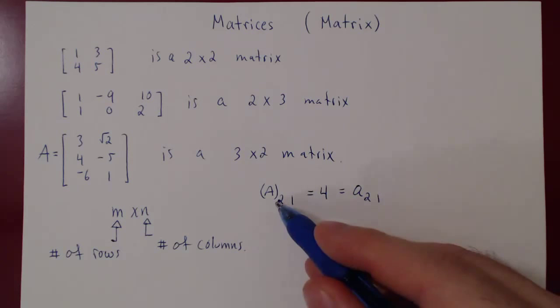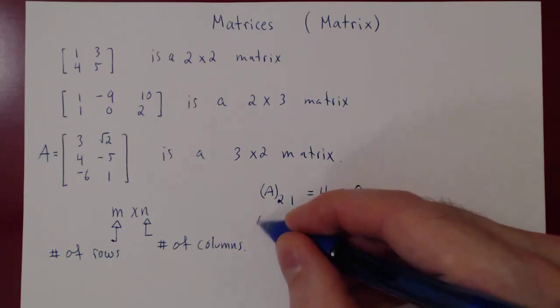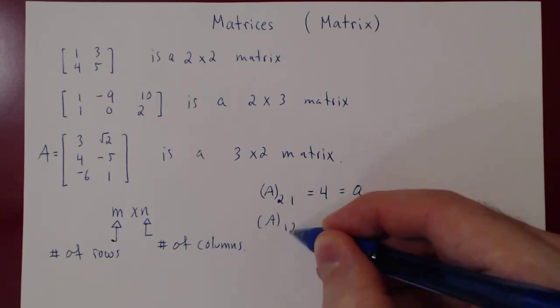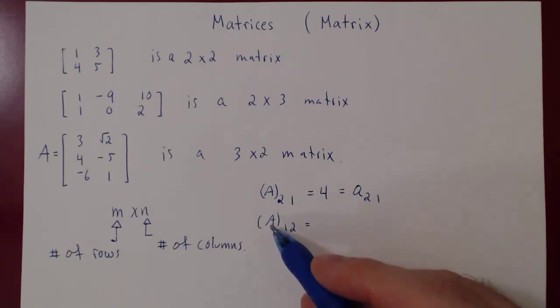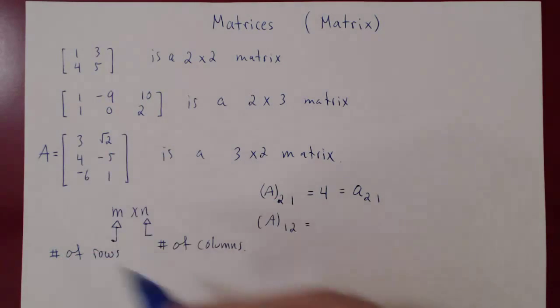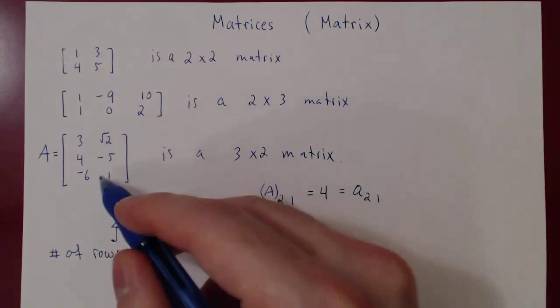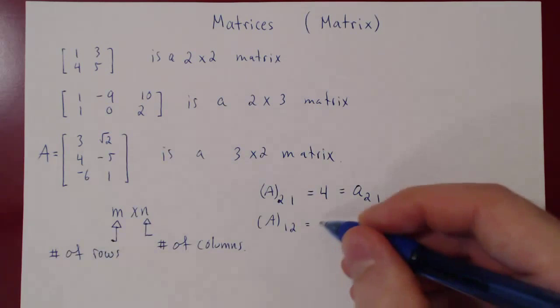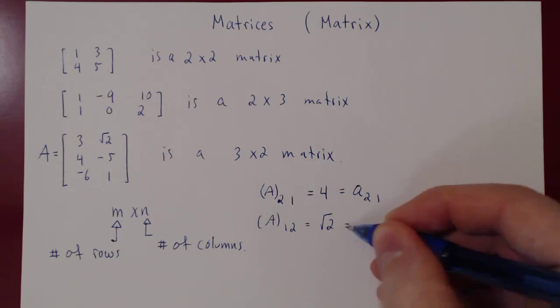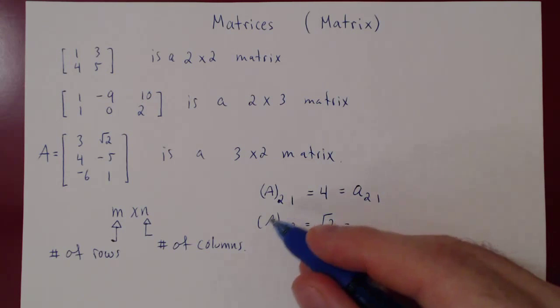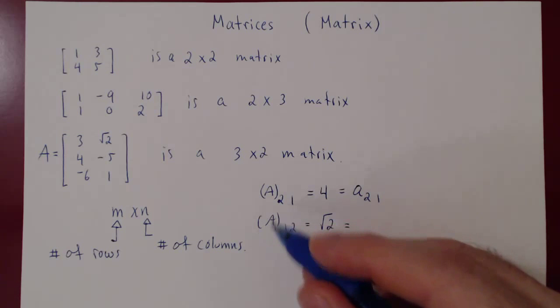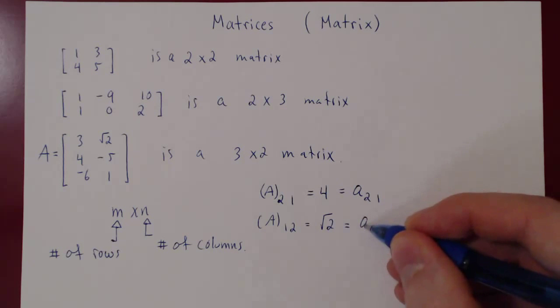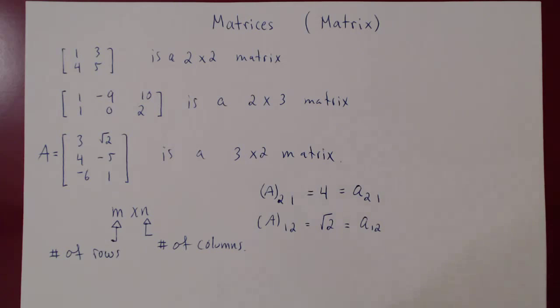What if we flipped these two indices? What if we looked for A, now 1, 2? This is the entry in A in the first row, second column. So it's the entry root 2. Once again, we could simply, instead of using round brackets around uppercase A, use lowercase a12.